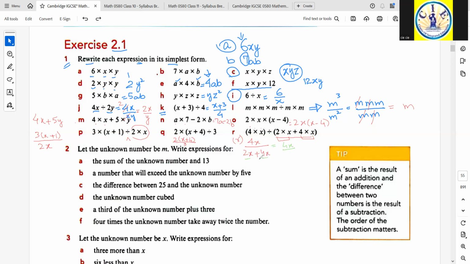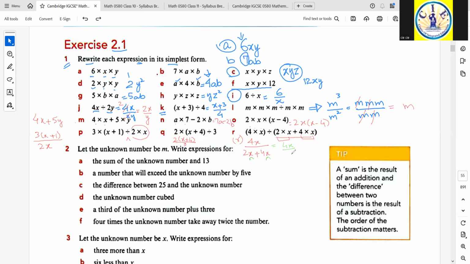Now these are the terms having the same variable. So these are the like terms. These can be added as 6x. Or you can understand it in another way, like variable x and variable x.